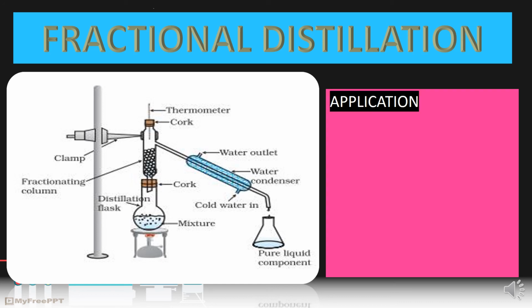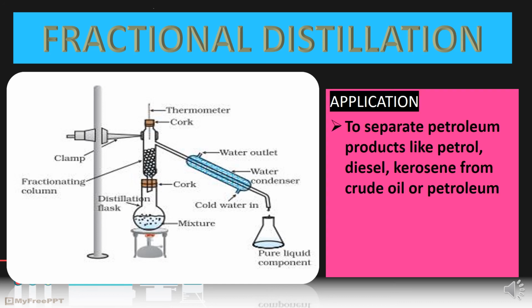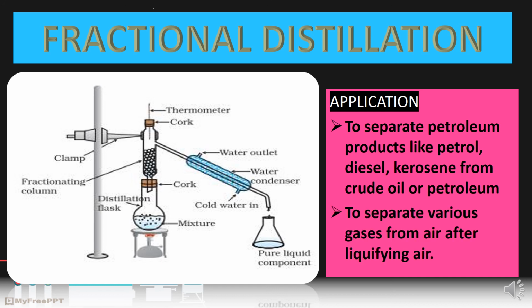An application of this method is that we can separate petroleum products like petrol, diesel, kerosene from crude oil or petroleum, because these liquids have very little difference in boiling point, and also we can separate various gases from air.